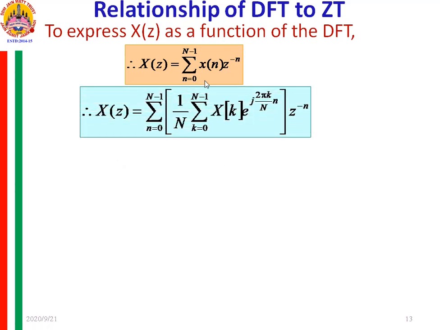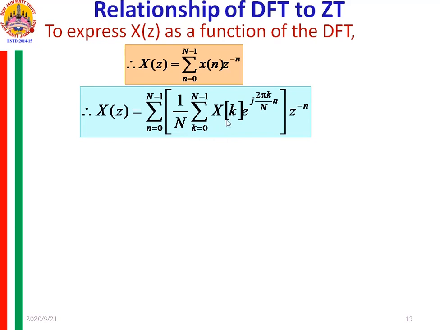Now in this expression of X(z), I replace this x[n] with the IDFT equation. What is the IDFT equation? To obtain x[n] from X(k), it is 1 by N summation k from 0 to N minus 1 X(k) e raised to j 2 pi k n by capital N. Now if you observe this expression carefully, what is the observation?